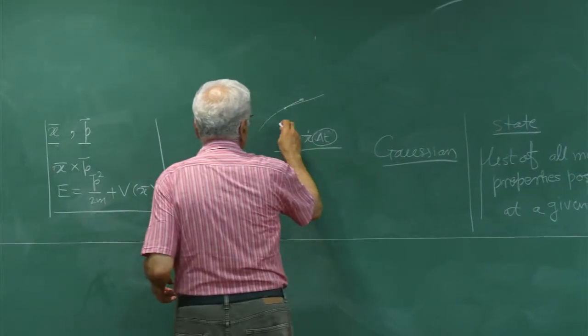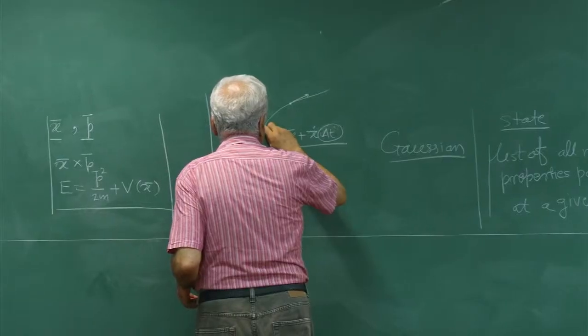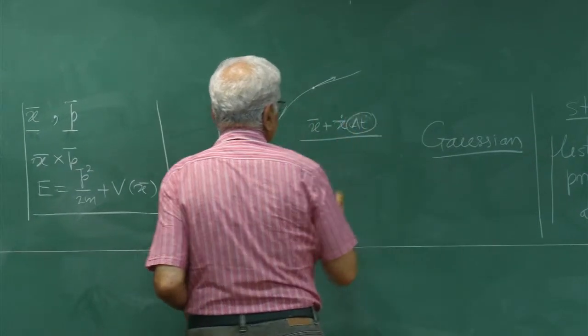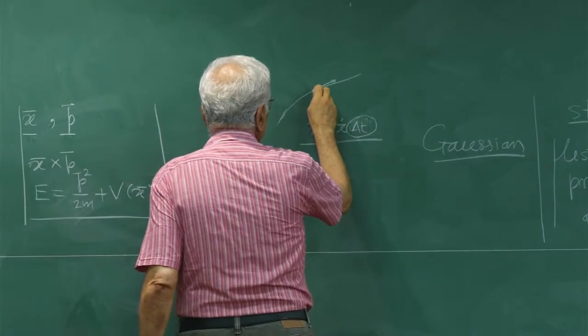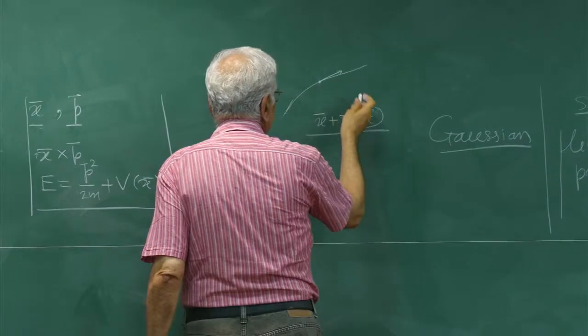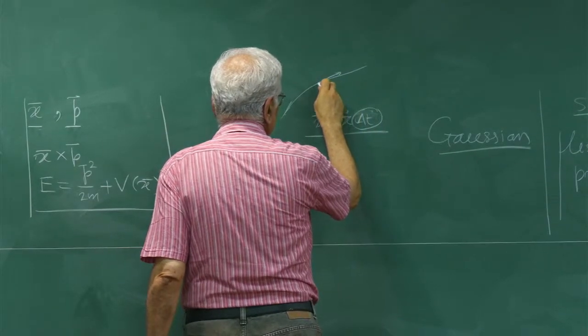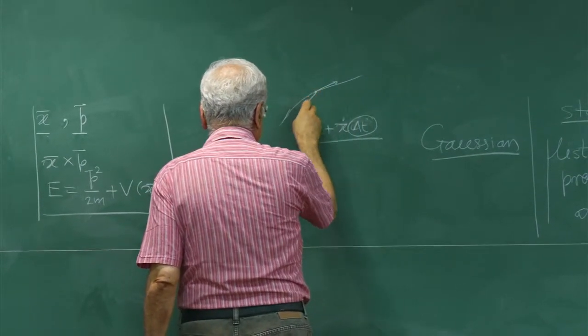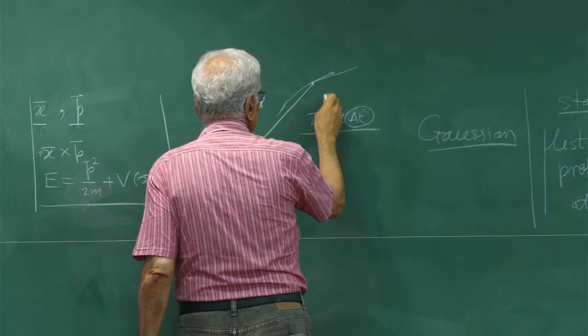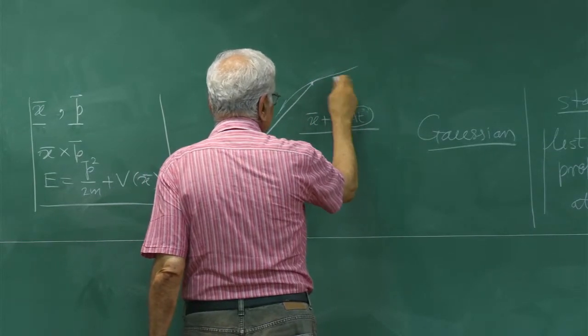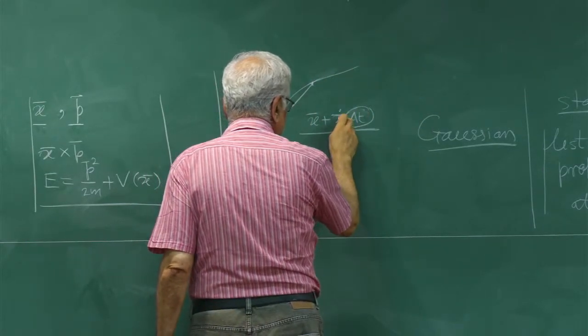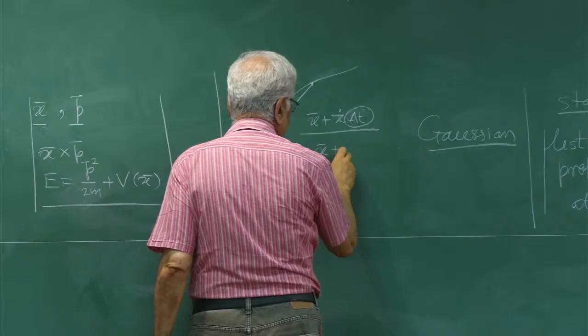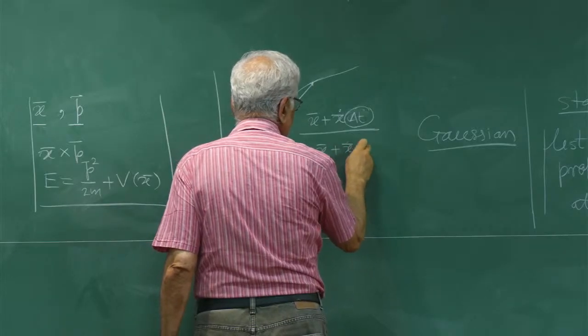So the knowledge of precise values of position and momentum implies a continuous and differentiable path of the particle. Now suppose you are given that the particle is moving on such a continuous path. Then you can find out its derivative. There is no problem. Suppose x is the position at a particular time t, and you know that it is differentiable. Then you know that x dot exists. The next position is x plus x dot delta t.